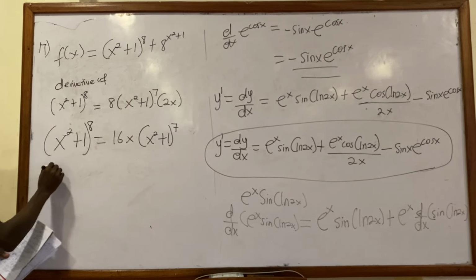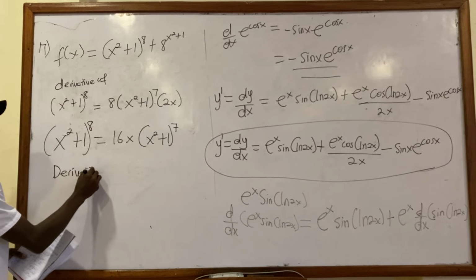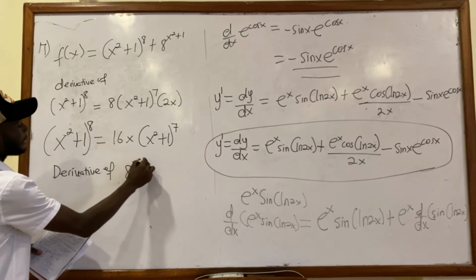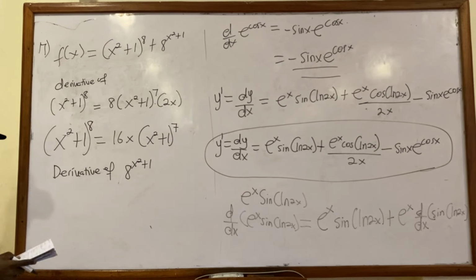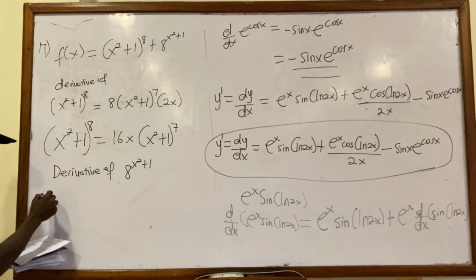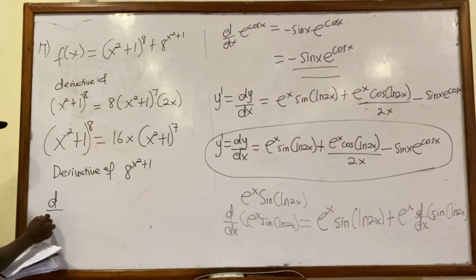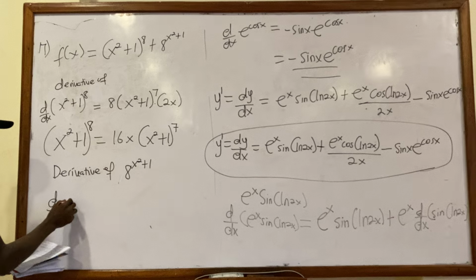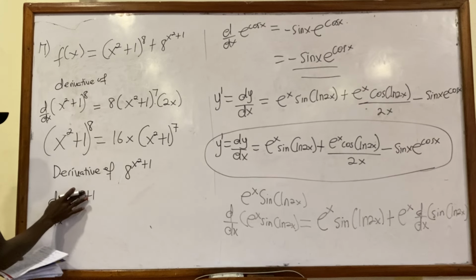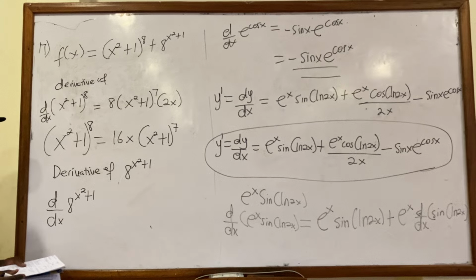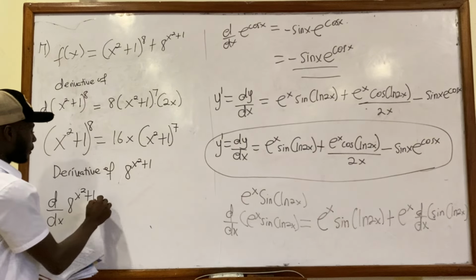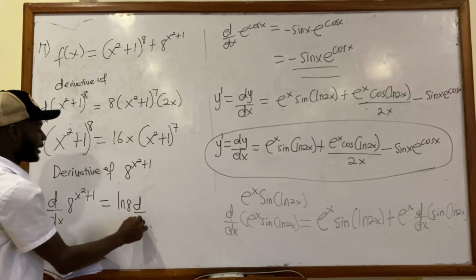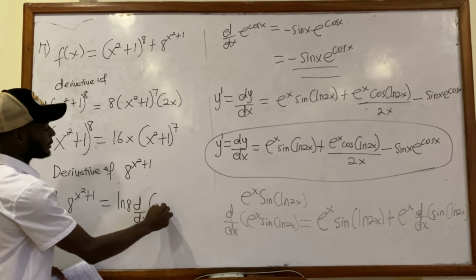The derivative of 8 to the power x squared plus 1: d/dx of the function 8 to the power x squared plus 1 will be equal to ln 8 times d/dx of x squared plus 1.